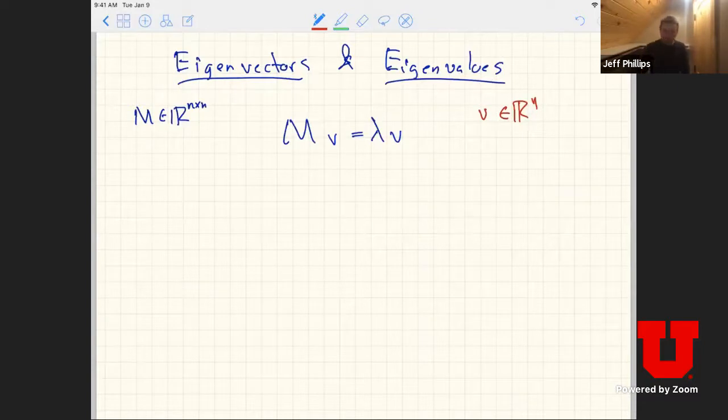When we do this, this vector v is then going to be an eigenvector, and lambda, the scalar, is going to be an eigenvalue.